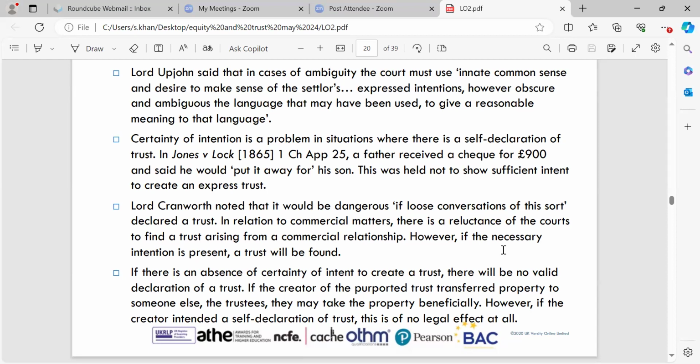Moving to the House of Lords, the is or is not test for powers of appointment was maintained, asserting that if an individual could be said to be or not to be in the class, the objects were sufficiently certain. Lord Upjohn, in reaffirming the list certainty test for discretionary trusts, acknowledged the court's duty to make sense of ambiguous language.